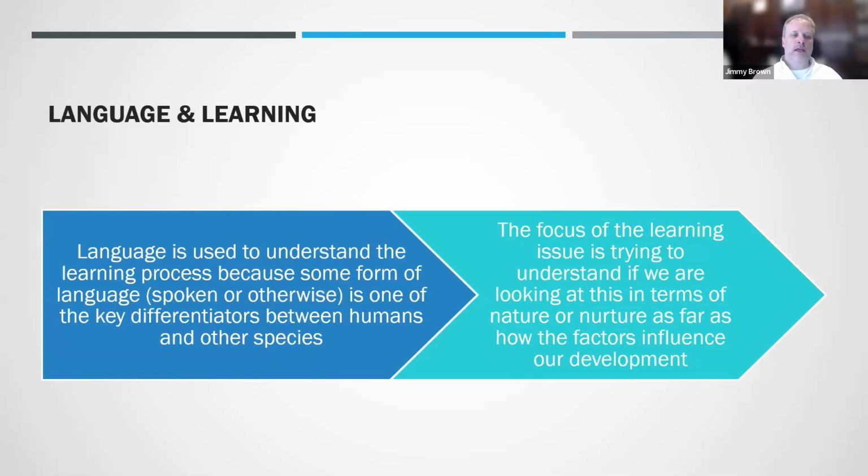So language is really used to understand the processes of how we communicate with each other. It's a key differentiator between humans versus, say, animals, right? So, for example, dogs can alert each other by barking. If you look at chimpanzees and higher primates, they can alert each other with different kinds of sounds and squelches.